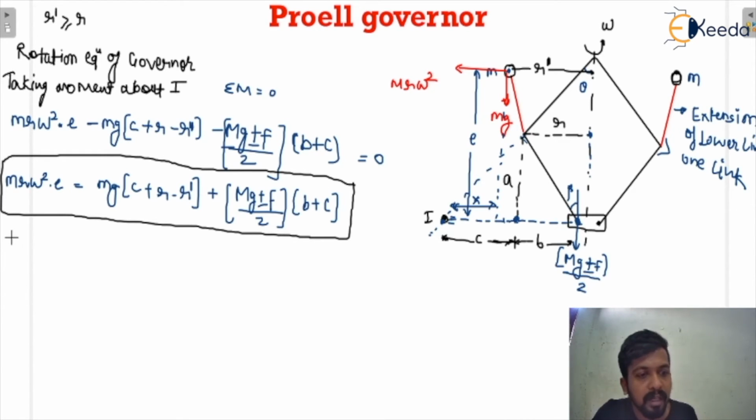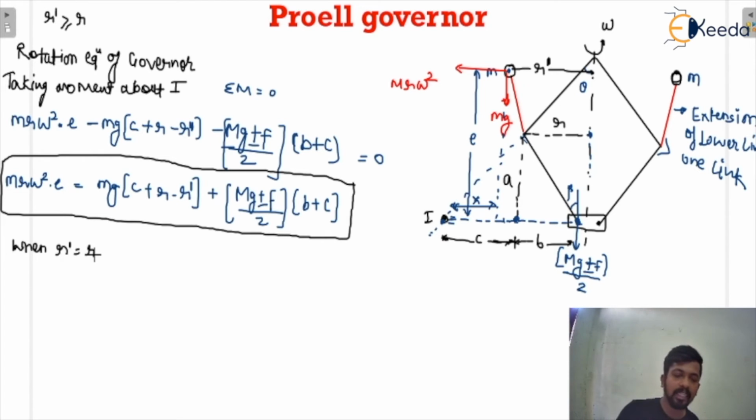So we have to take a case first, that means when r is equal to r dash. So when will r dash be equal to r? When the extension of the lower link is parallel to the spindle axis.